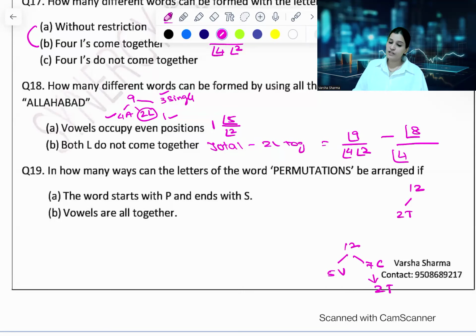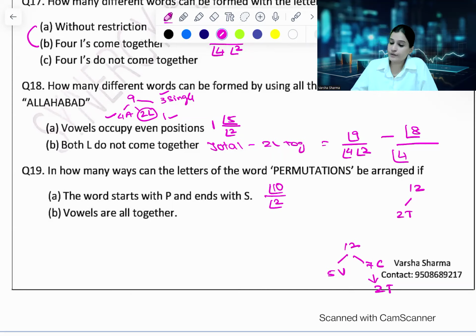The word starts with P, ends with S. So first letter one way P sits, last letter one way S sits. Remaining 10 places, 10 letters. So how many ways? 10 factorial. But in those 10, there are two T's, so divided by 2 factorial. Yes or no? Yes, ma'am.